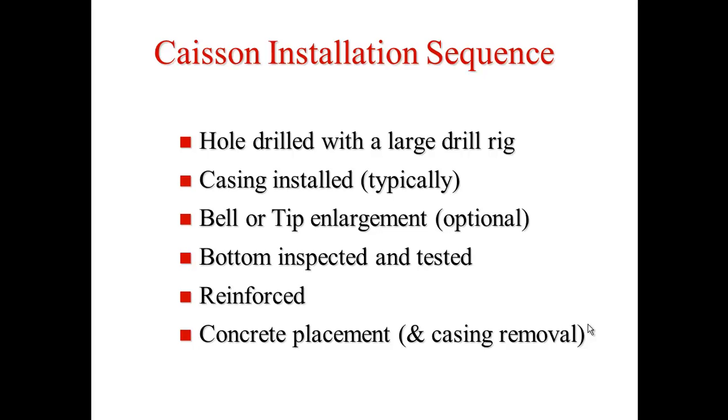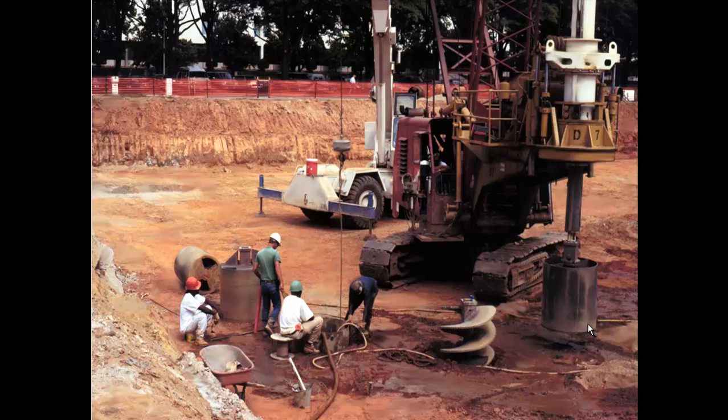Concrete is placed. Sometimes that casing is removed. And here's a photograph of them drilling some caisson material into this area, and then they'll drop in reinforcement. You can see the drill auger over here. Other types of drill augers here, one may be for soils, one may be for going through stone. In any event, they're going to start putting these things in place.